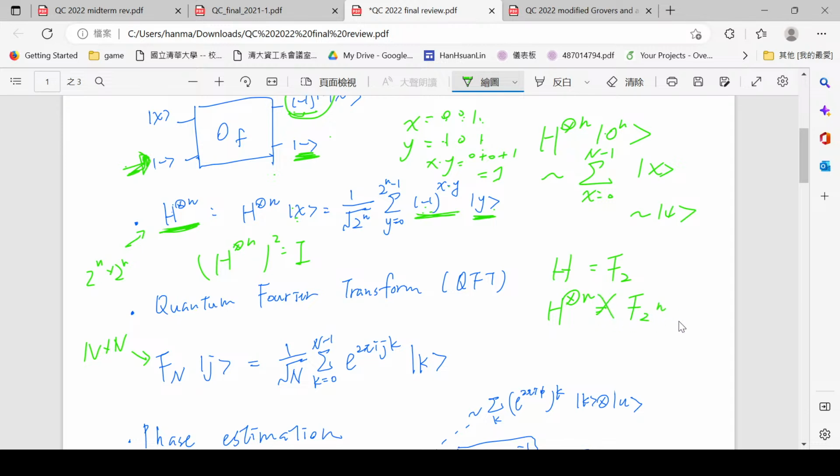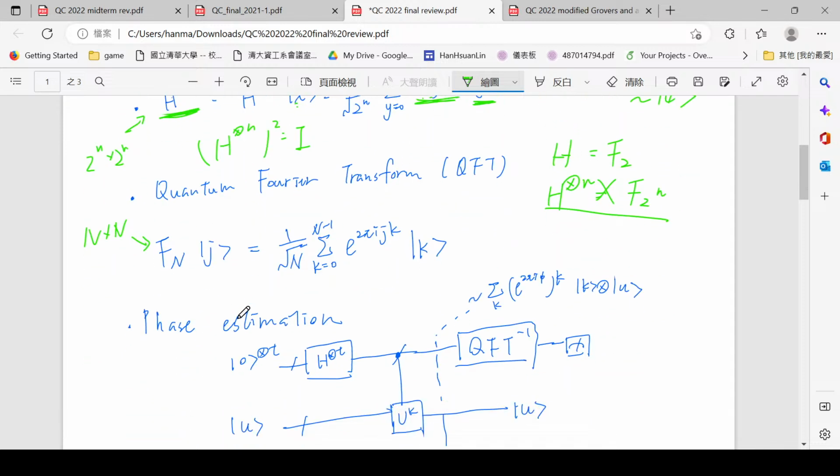The answer is no. It's something different, although you can also think of it as a Fourier transform, but over a different group than just the cyclic group of size n. It's a little confusing here, but the quantum Fourier transform nevertheless looks kind of like this Hadamard to the n, and it's defined this way.